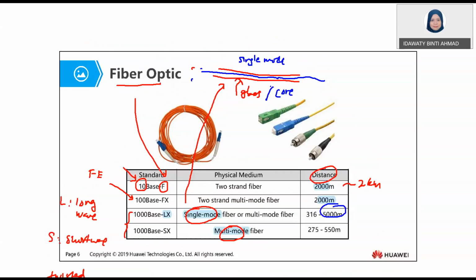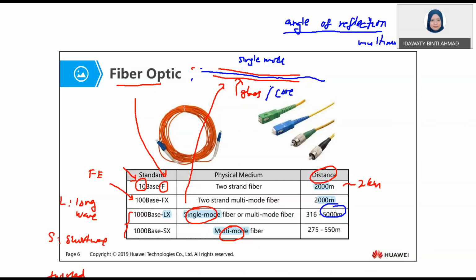But in multi-mode, by using the angle of reflection, in physics you learn this angle of reflection in sending a light, right?